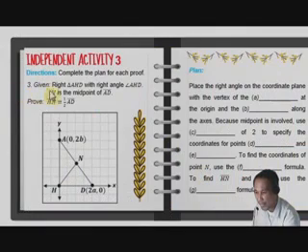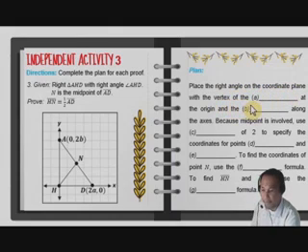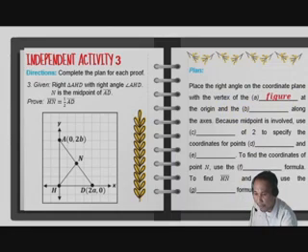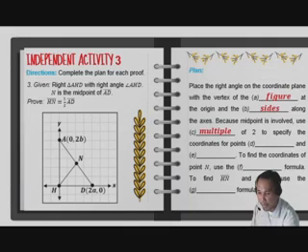Ayan, sa number 3. So, ang gagawin natin, place the right angle on the coordinate plane with the vertex of the figure at the origin and the sides along the axis. Because midpoint is involved, use the multiple of 2 to specify the coordinates for points A and E, yung ating D. Ayan.